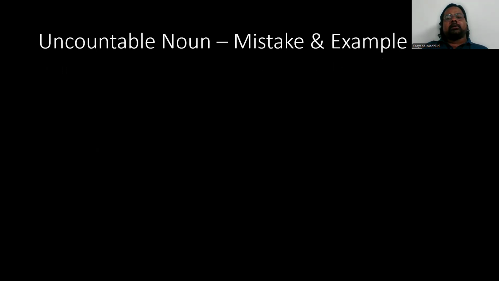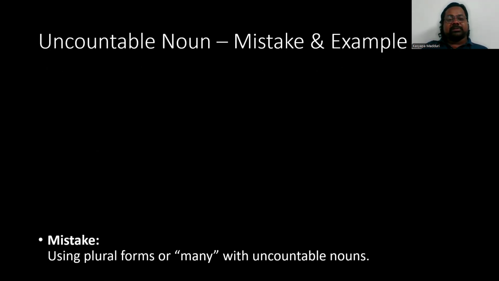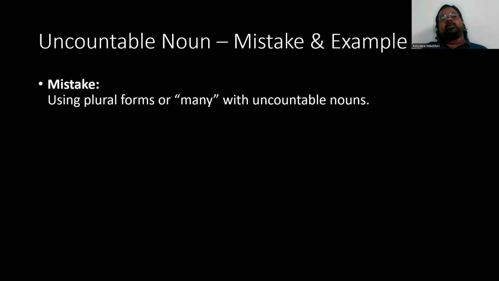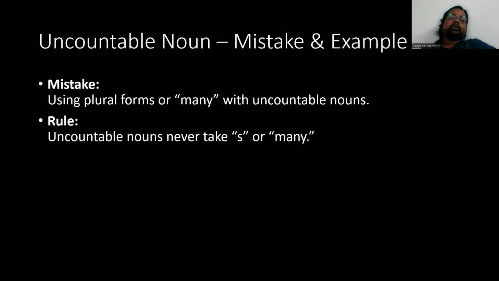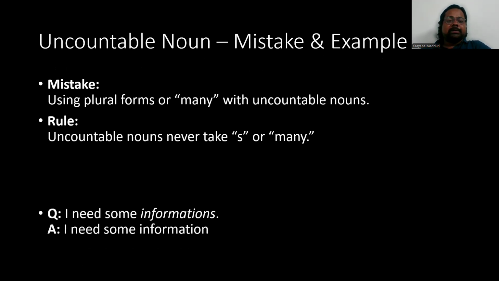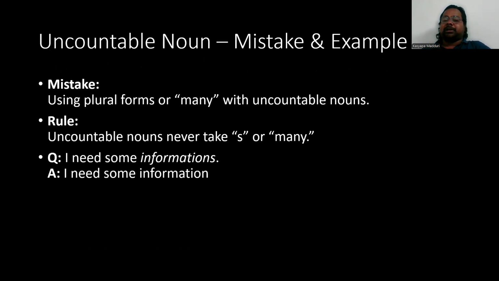Next. Uncountable nouns and then simple mistakes. Mistake: using plural forms or many with uncountable nouns. What is the rule? Uncountable nouns never take S or many in front of them. Okay, let us see. "I need some informations." That is wrong.